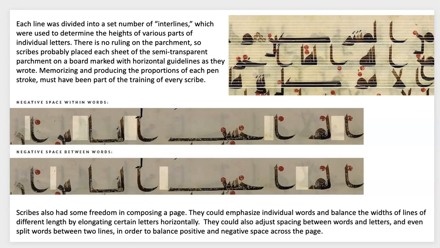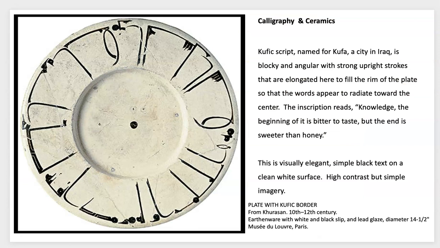And the scribes were not only writing these important religious phrases, but they also did it in this very artistic way that was almost like a meditative religious experience. The calligraphy was also found on ceramics, and so in the city of Iraq, you could see this very blocky, kind of angular type calligraphy, and the inscription here reads, "Knowledge, the beginning of it is bitter to taste, but the end is sweeter than honey."